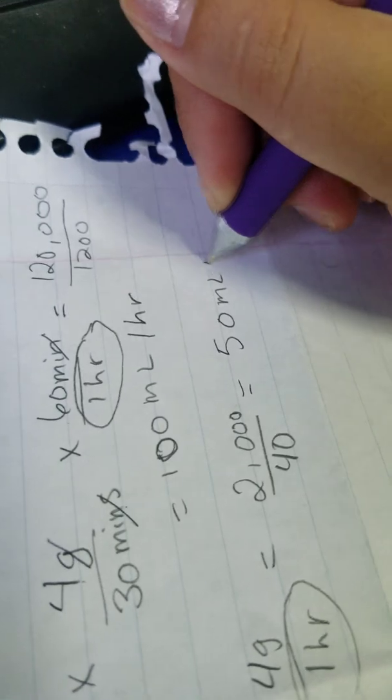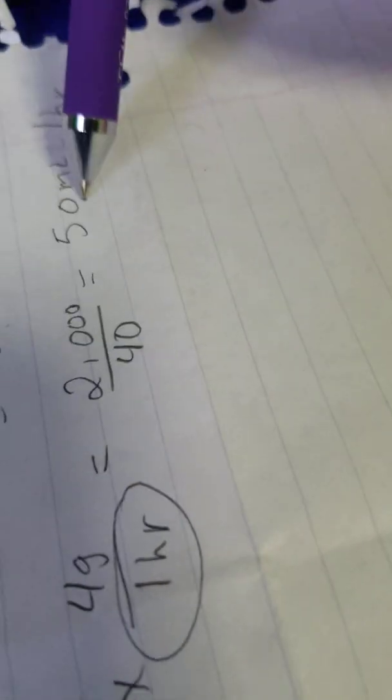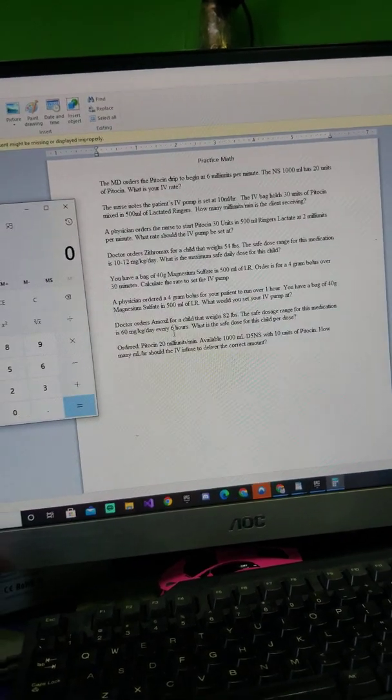Which makes sense because your first one was 100 mLs over an hour. At least to me it does. If it doesn't to you, I say that because the first one was over 30 minutes, so you would have double the rate of what you have here.